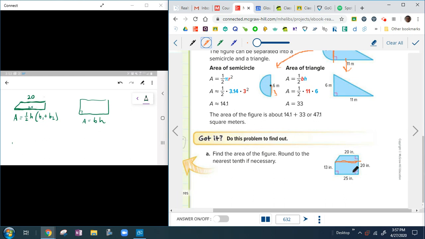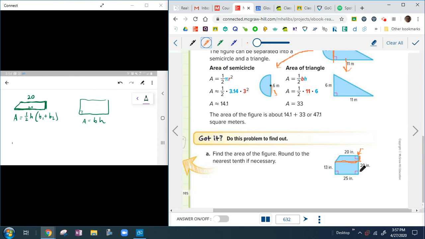Now, I need my height. And notice up in the corner here is a right angle. So that's giving me a clue as to where my height is. I'm looking for this length right here, that little length. Now, it's a horizontal line.